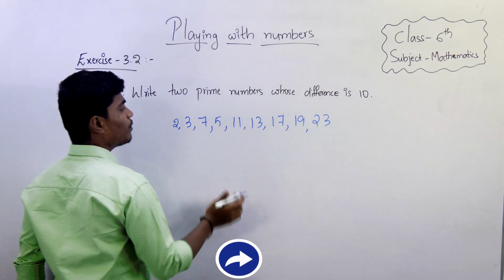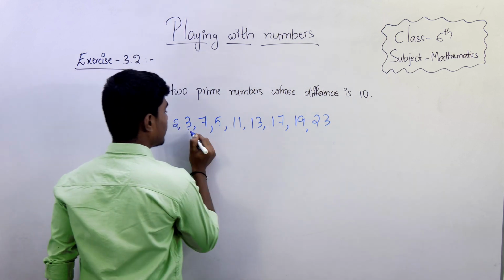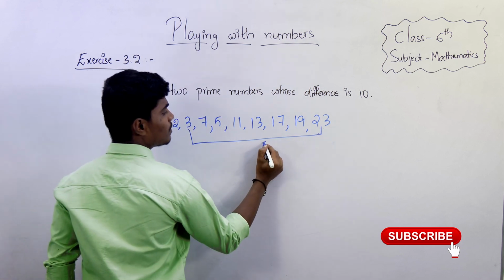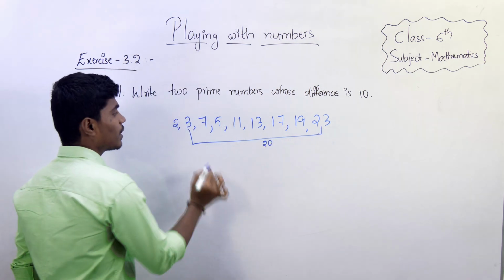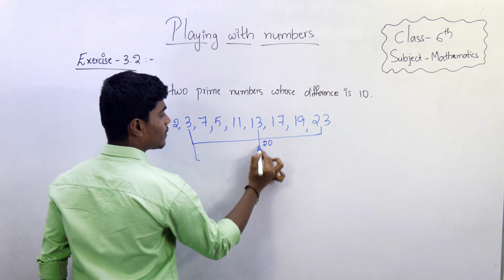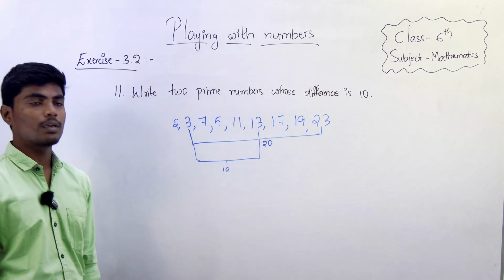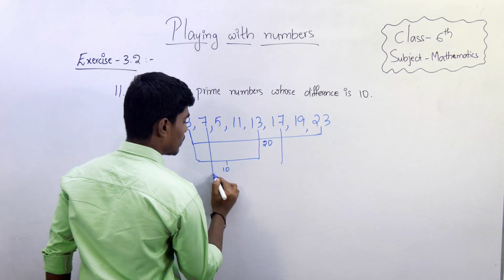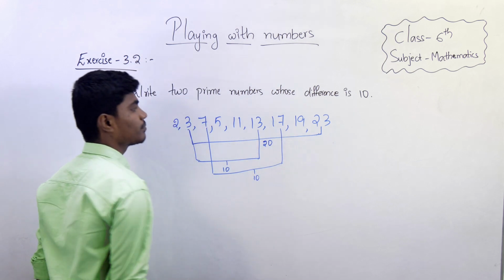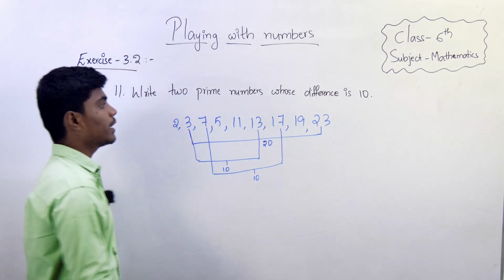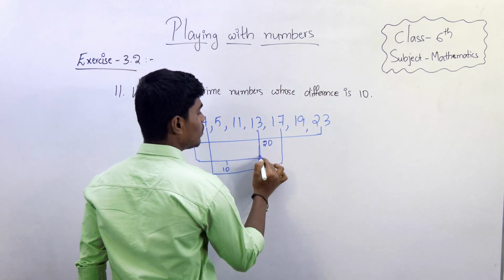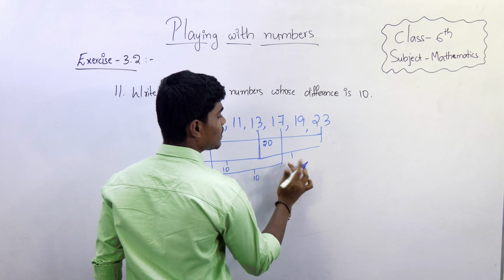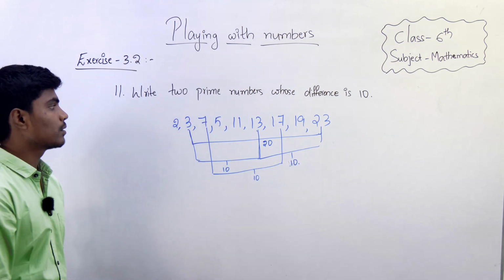If you observe, 3 and 23, the difference is 20. Here 3 and 13, the difference is 10. And 7 and 17, here also the difference is 10. 13 and 23, here also the difference is 10.